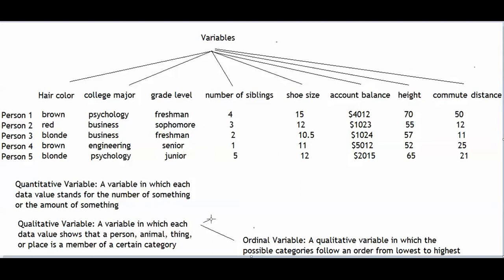The opposite of an ordinal variable is a nominal variable. A nominal variable is a qualitative variable in which the possible categories don't follow in order from lowest to highest.